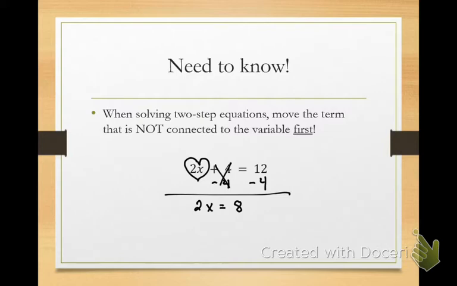Divide by 2. x equals 4. My first step was to subtract to the other side, and my second step was to divide to get x by itself. That's why we call this two-step equations, because there's two steps there.